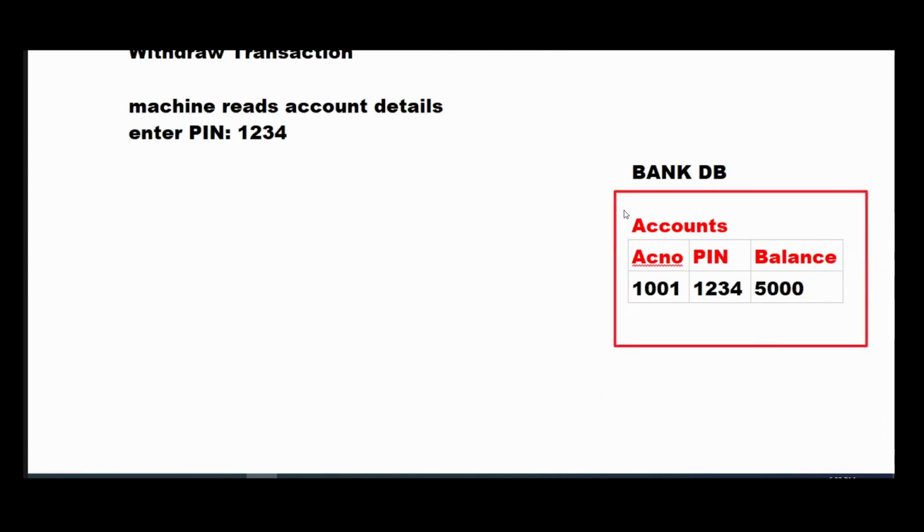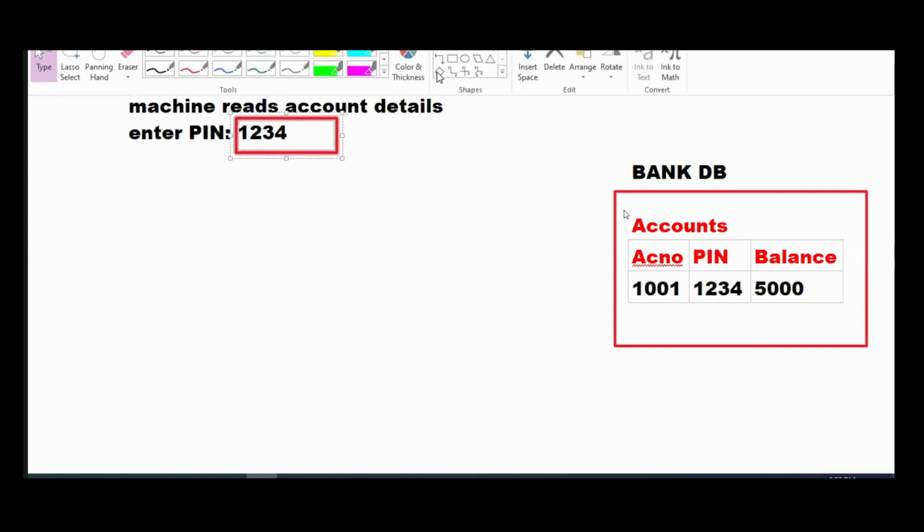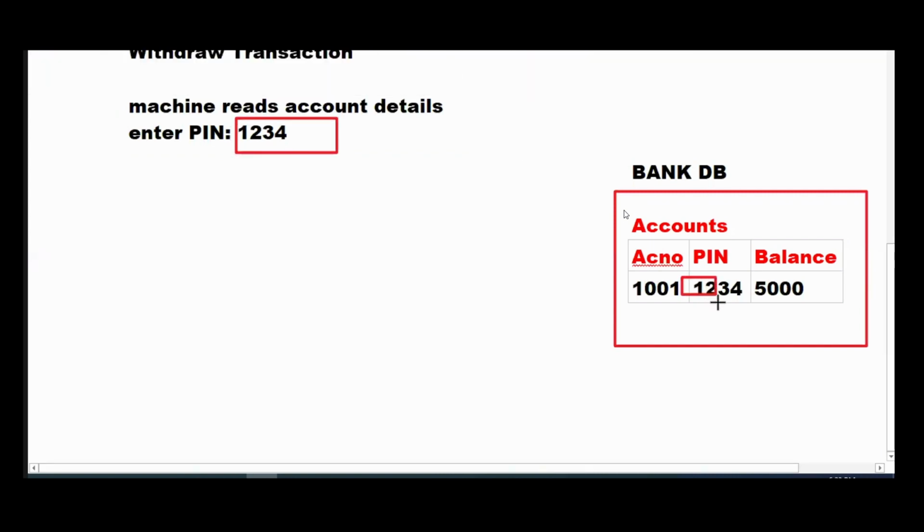You are entering the PIN number here. Listen carefully. Is your entered PIN number matching with the bank database PIN number or not? It checks. So now the machine knows your account details, and for your account, it checks whether this 1234 is a valid PIN number or not.